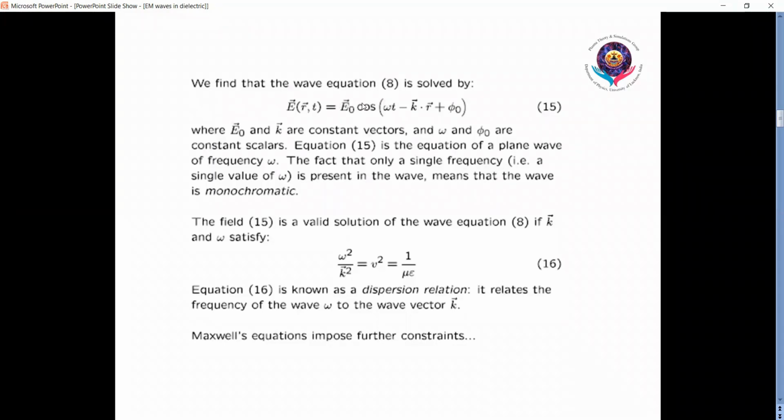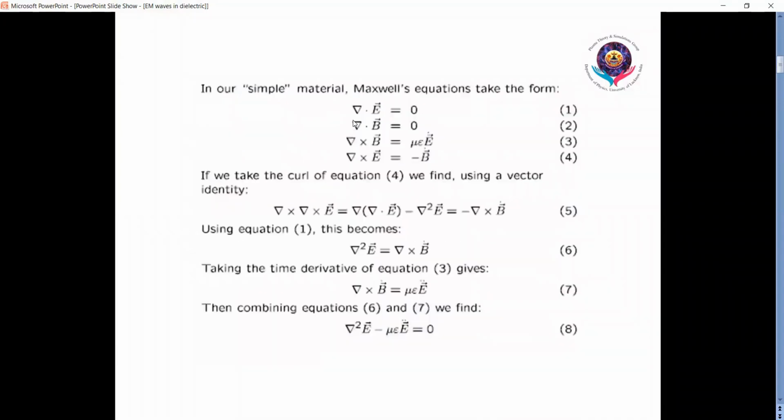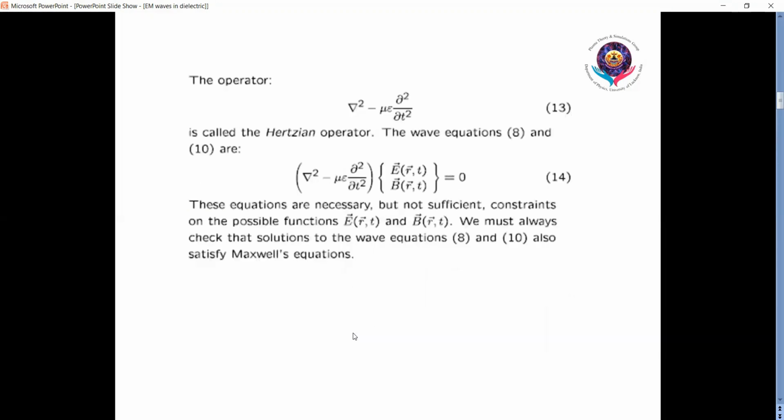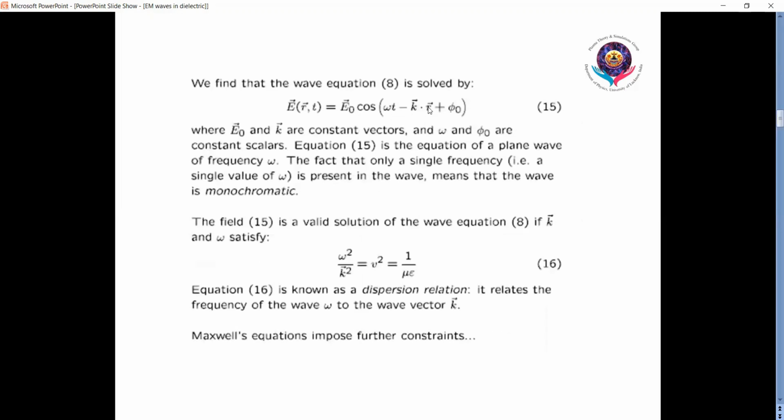And if we substitute this into equation 8, that is, we substitute the electric field here and perform these differential operators, that means we differentiate the electric field twice with respect to space, and in the second term the electric field is differentiated twice with respect to time.